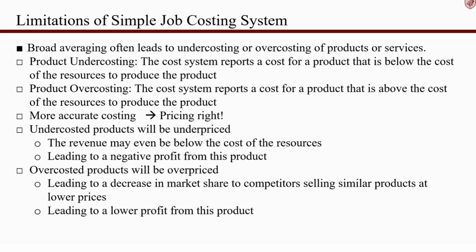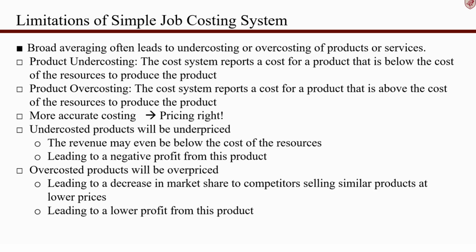Then why is it so important to have accurate costing rather than under or overcosting? Well, costing is pretty much associated with pricing, right? Basically, if a product is undercosted, meaning if the product is reporting a cost that is less than actual consumption, then that can lead to the underpricing of the product.